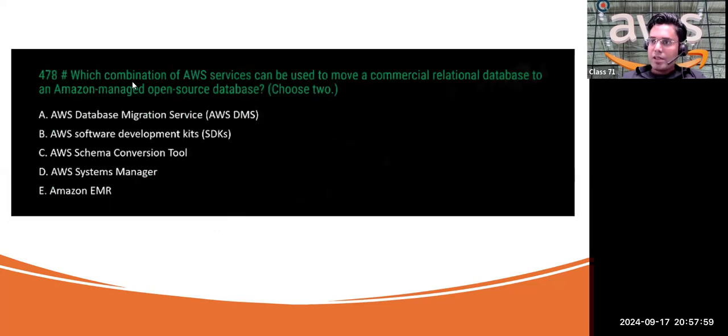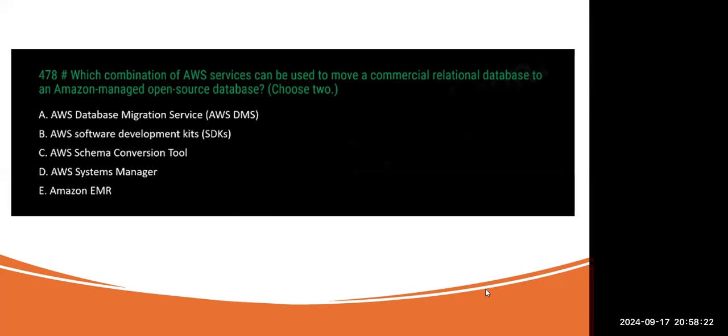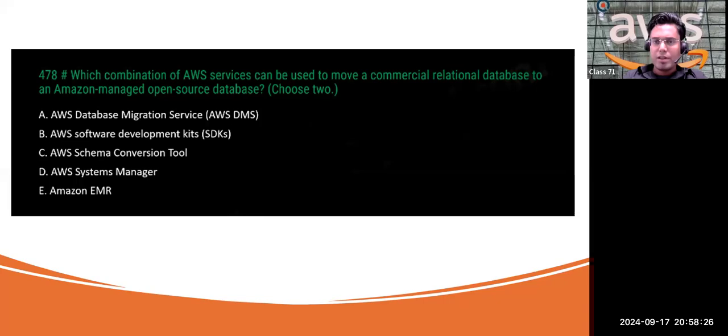Okay, so which combination of AWS services can be used to move a commercial relational database to Amazon managed open source databases? They are just migrating services for databases.